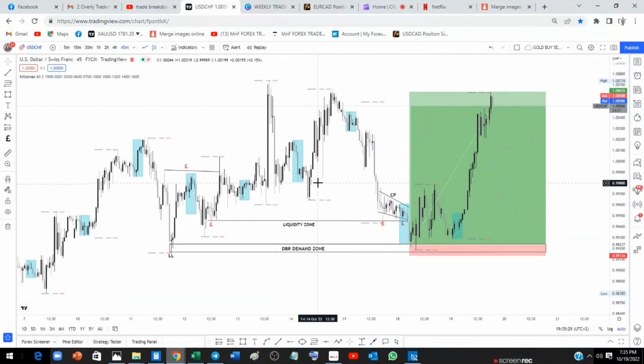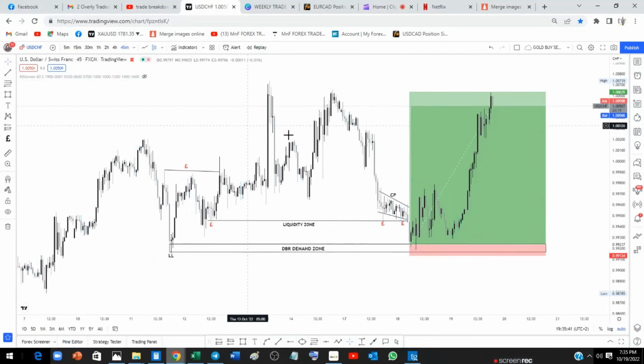So I always also use the Asian killer session as a confluence. You always have to make sure that either the low or the high of that range is taken out. It's extremely important, and that's how we managed to catch this absolutely beautiful trade.